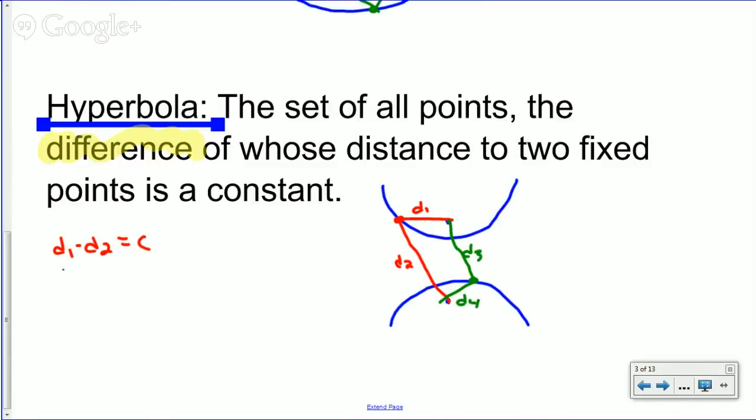So D4 minus D3, you've got to subtract, same direction for those constants. So that's what those three are. And then a circle we'll talk about here in just a little bit.